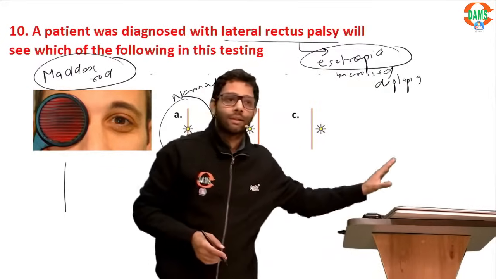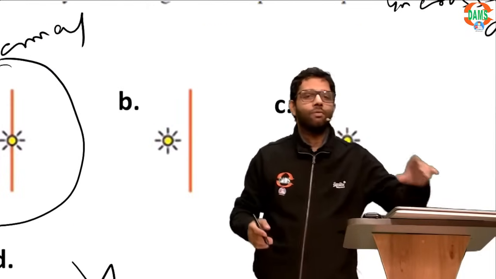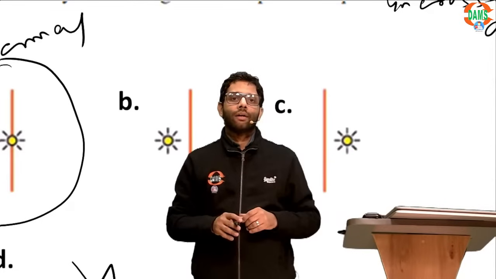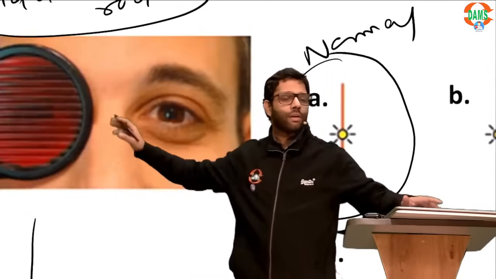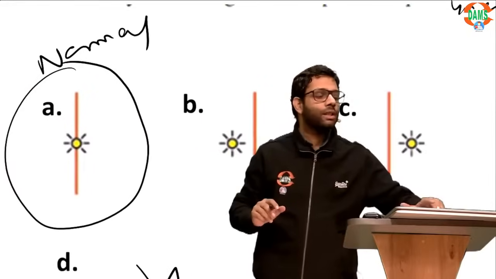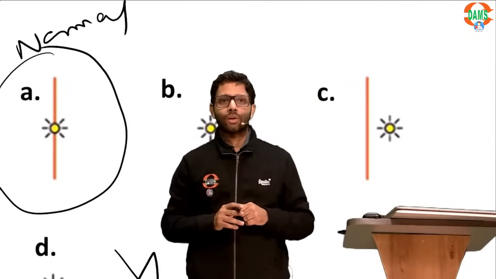Now the interpretation of this Maddox rod, Worth 4 test: the visual field is the patient's view. This is just to show in which eye the Maddox rod is kept. The interpretation is the patient's view, means you are the patient. You have uncrossed diplopia, no? ESO has uncrossed.